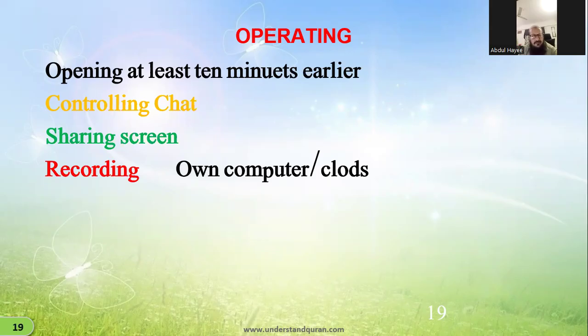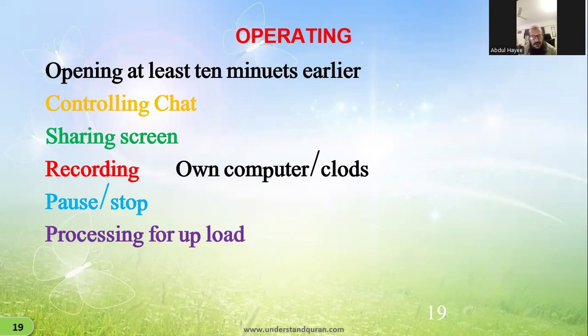I can see it, I can process it. That is the difference. Then pause and stop. How can you do the recording? Recording can be paused and resumed or stopped. Processing for upload is a separate function.